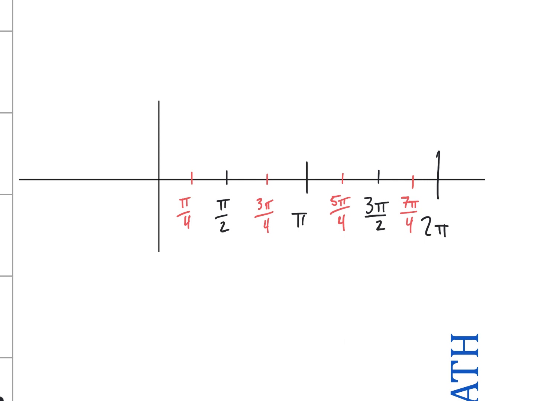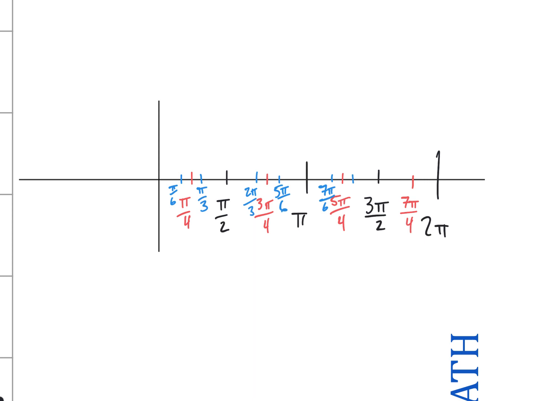And so then the next ones I would have would be, this would be my pi over 6. This would be my pi over 3. This would be my 2 pi over 3. This is a little bit tricky for me to think about. This would be my 5 pi over 6. And then this would be like 7 pi over 6.